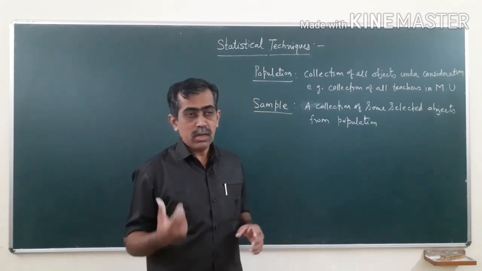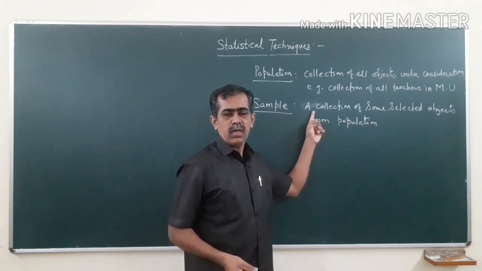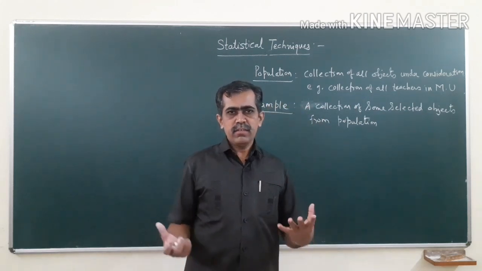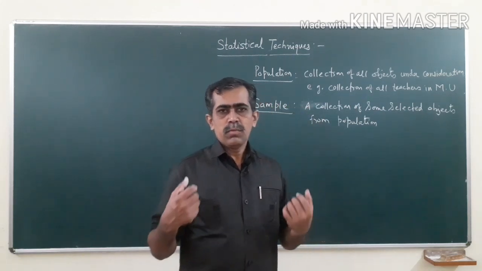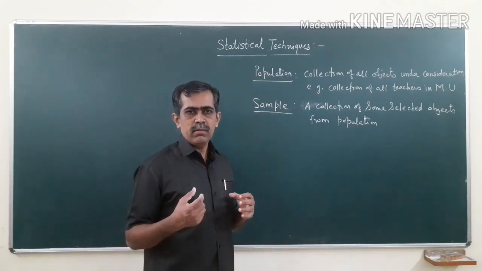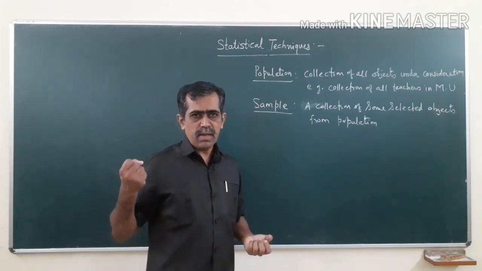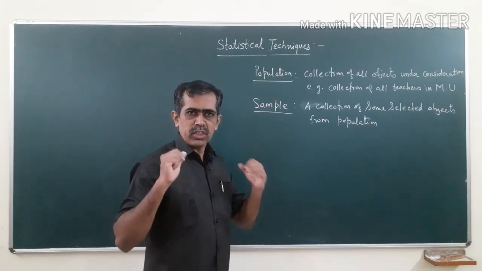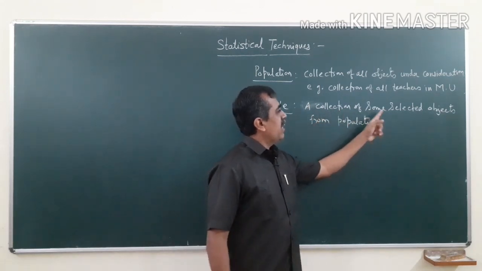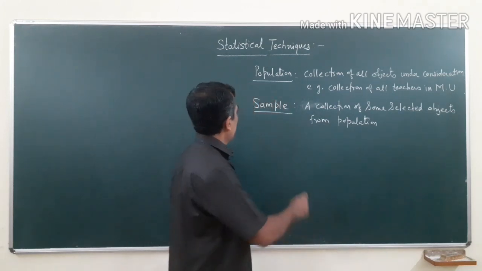Okay. So this will save time. Now, the choice of the sample is left to the person who is studying, but there are standard methods of selecting a sample. In statistics there are many methods of selecting a sample, and you can use a standard method to select one. So a sample is a collection of some selected objects from the population.